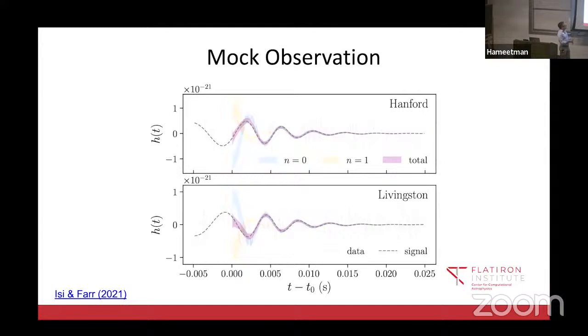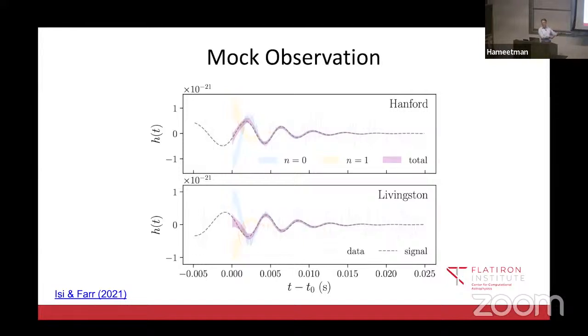So if you take a two-tone model, a fundamental mode, it's shown up very faint, shown here in blue, it's long-lived, and its first overtone, short-lived in yellow here, they combine to make the purple. And you put them into the Hanford and Livingston LIGO detectors at a reasonable signal-to-noise ratio. I think this one is 20.